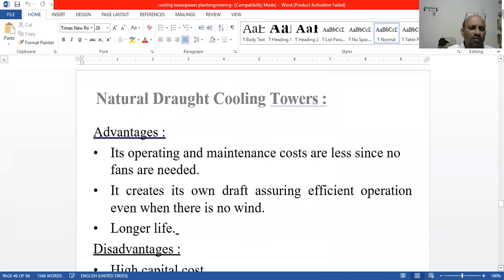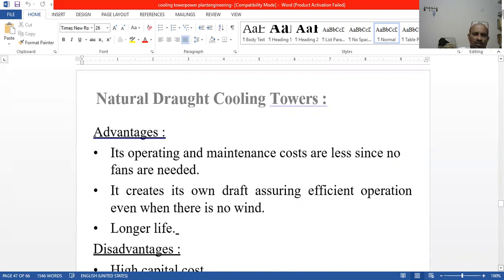What are the advantages and disadvantages of natural draught cooling towers? Operating and maintenance costs are very low. Since no fans are needed, it creates its own draft, assuring efficient operation even when there is no wind.